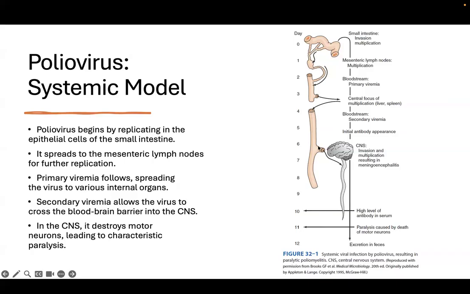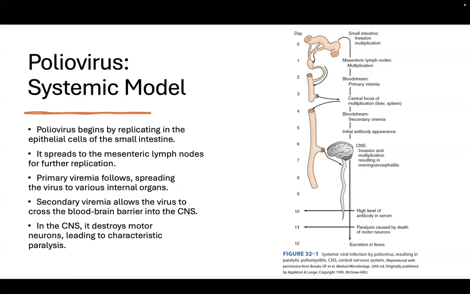And now it passes your blood-brain barrier, this barrier that separates the blood from our brain, because the brain needs to be very clean. Nothing can go inside the brain. It's one of the most important vital organs that we have. But the poliovirus is able to pass this barrier and infect motor neurons inside your central nervous system.